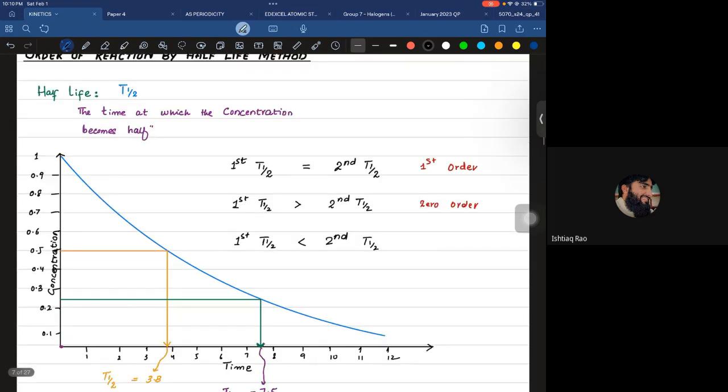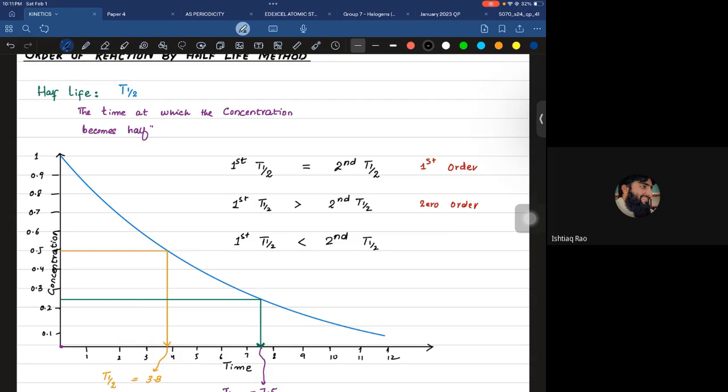So you would be given a graph, and sometimes they would give you a whole set of data, and then you would be making your graph. After making the graph, you would calculate more than one half-life so that you can decide what the order of reaction is.